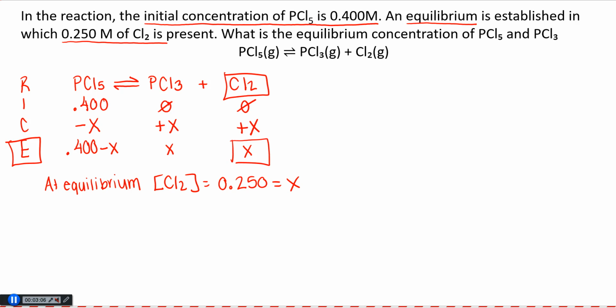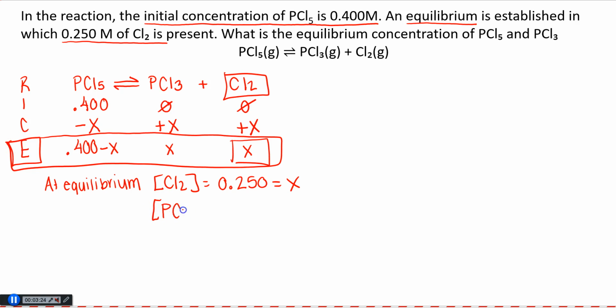So now we need to solve for the equilibrium concentration of phosphorus pentachloride and phosphorus trichloride. So all that I'm going to do is look at this equilibrium row. So at equilibrium, the concentration of phosphorus trichloride is going to equal x, and x is 0.250 molar.